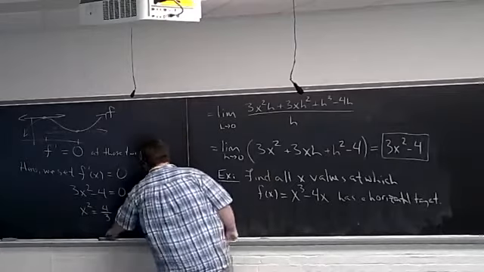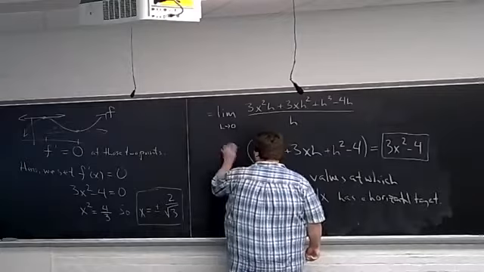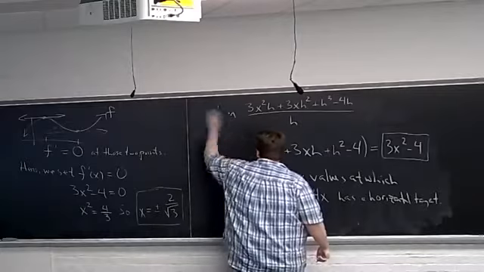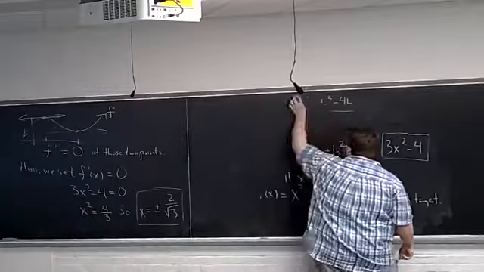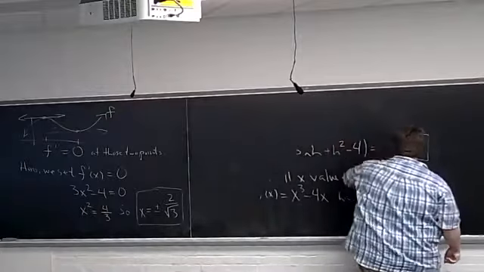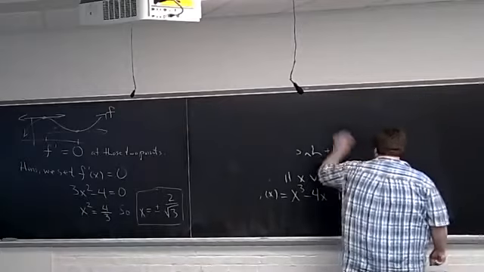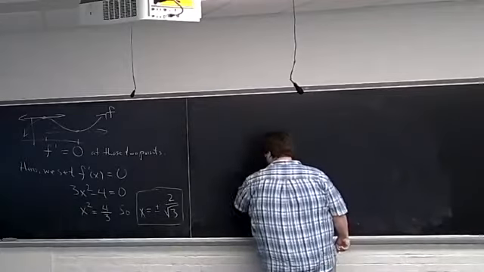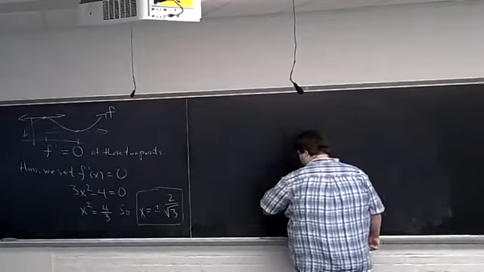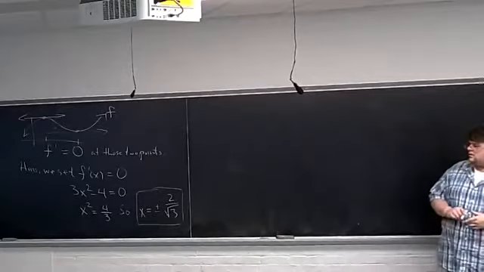And here we need all x values where x squared is 4/3, so we do need the positive and negative. And you don't have to get rid of that square root. Any questions about that one?